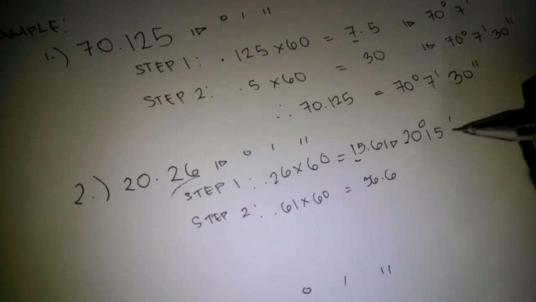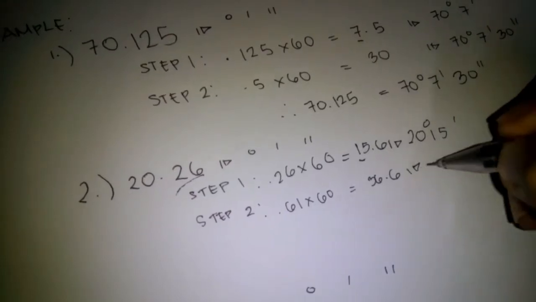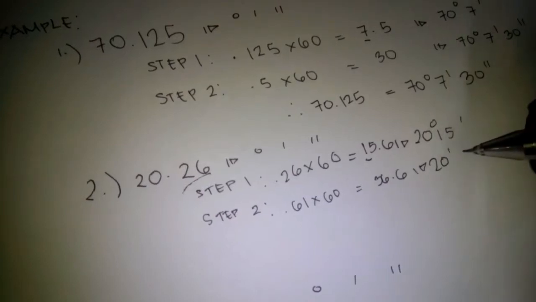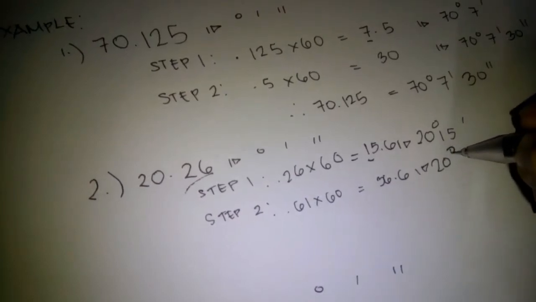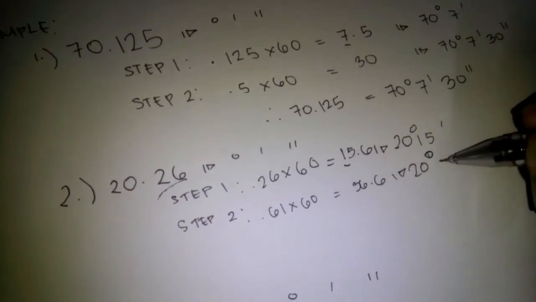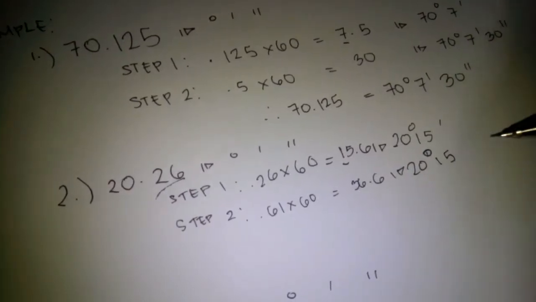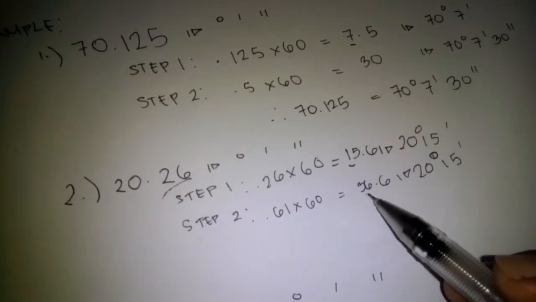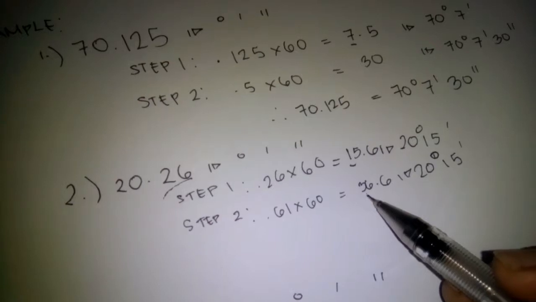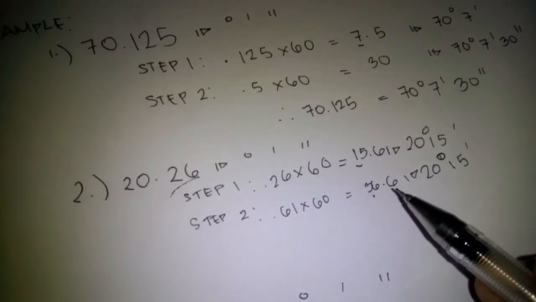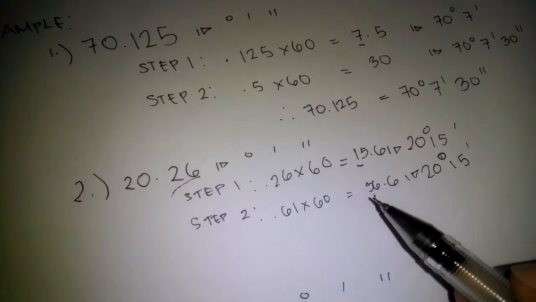There. So let's now convert it. The result will be 20 degrees, 15 minutes. So you only need to get this whole number. So let's do the round off because you only need the whole number and there is a decimal left.